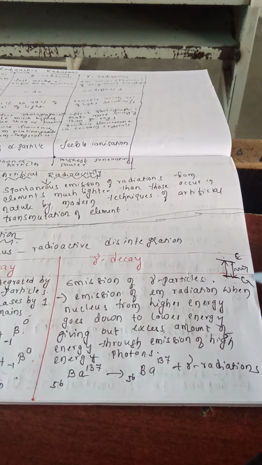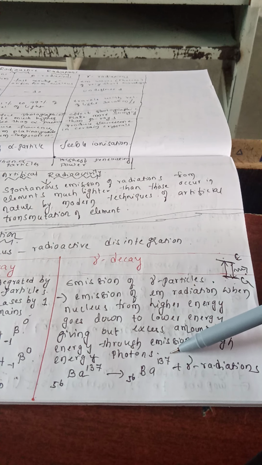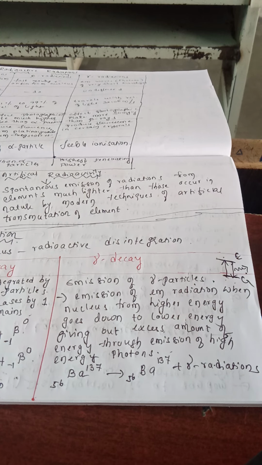If we take an example of barium 56-137, it emits gamma radiations while returning back to the ground state, and the atomic number as well as mass number remain unchanged. Ba 56-137 plus the emission of gamma radiations.